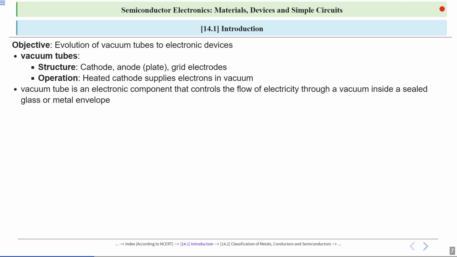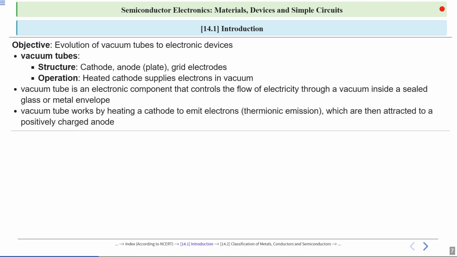A vacuum tube is an old electronic device that controls electricity by using a vacuum inside a sealed glass or metal container. It contains electrodes that allow or block the flow of electric current. A vacuum tube uses thermionic emission, where heat causes electrons to be released from a heated cathode.